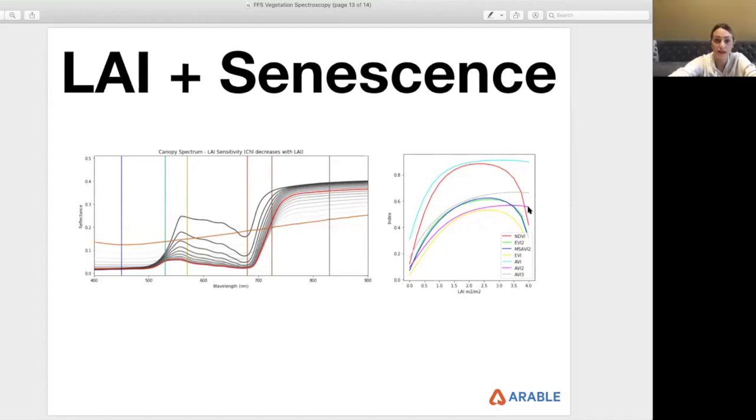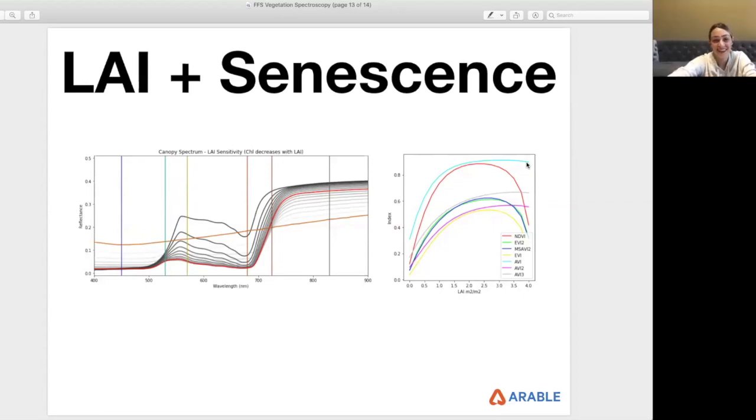Right. These flat lines are some simulations we did using a different spectral band, which wasn't as sensitive to chlorophyll. So they don't diminish in the absence of chlorophyll. So that's maybe useful as a senescence measure. Yeah.